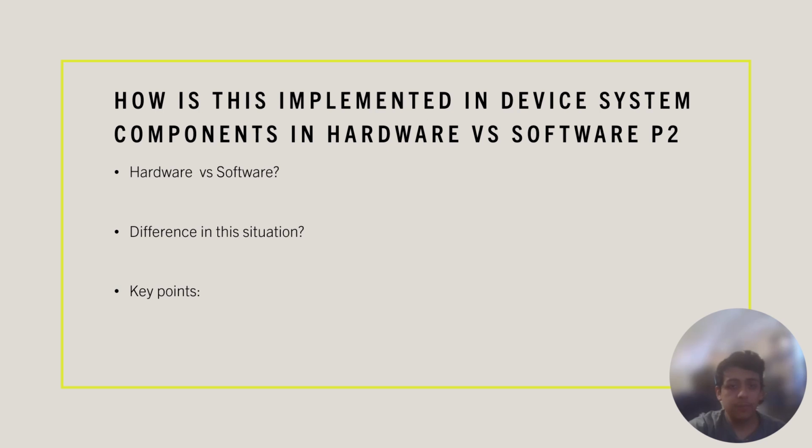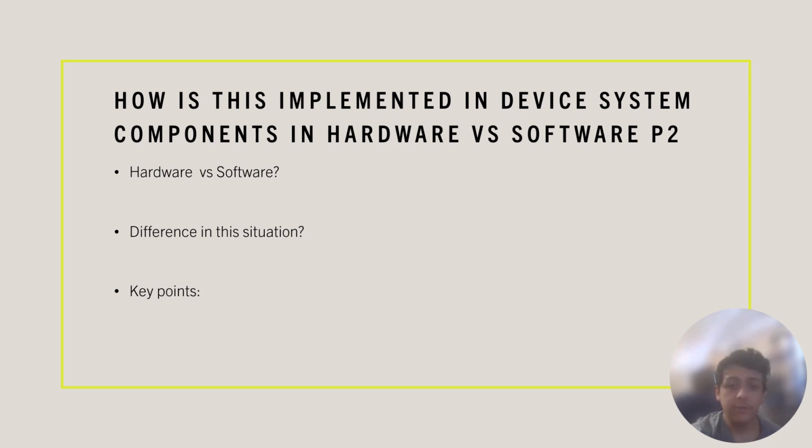Our next point is, how is this implemented in device system components, hardware versus software? This will be part 2, a continuation from the last one. Interrupts can be handled at both the hardware and software levels to manage system events efficiently. Hardware interrupts are triggered by physical components such as the keyboard or drivers, and they signal the CPU for immediate attention.